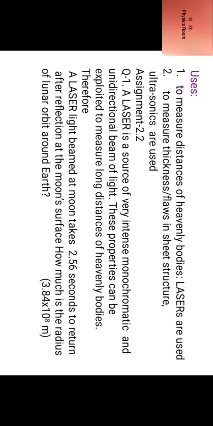Now assignment 2.2. Question number 1. A laser is a source of very intense monochromatic and unidirectional beam of light. These properties can be exploited to measure long distances of heavenly bodies.